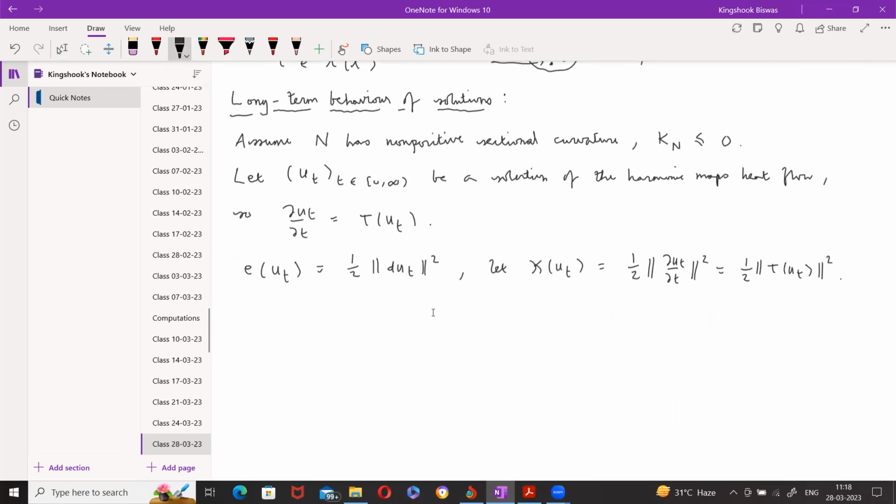So let's look at the energy of the solutions.